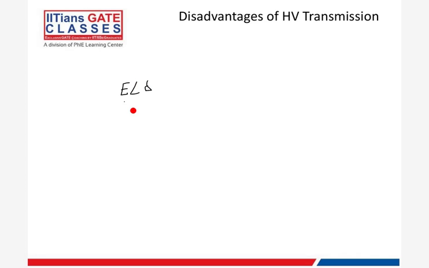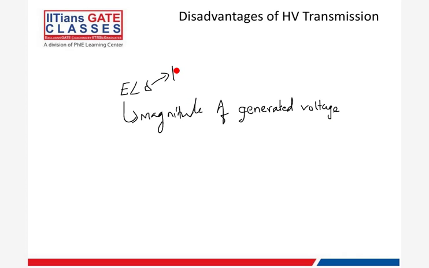Where E is the magnitude of the generated voltage, and delta is the power angle.